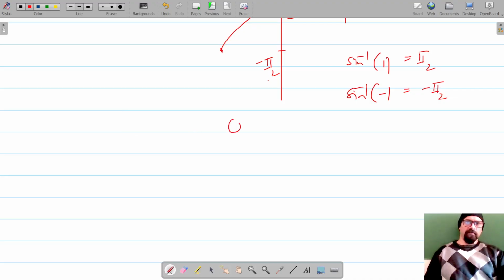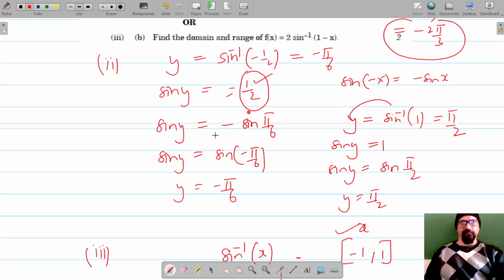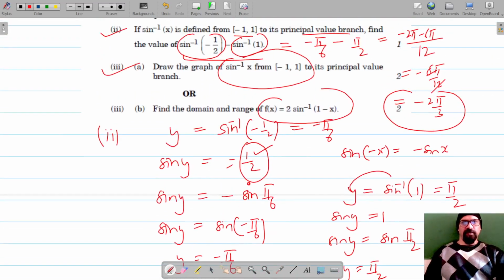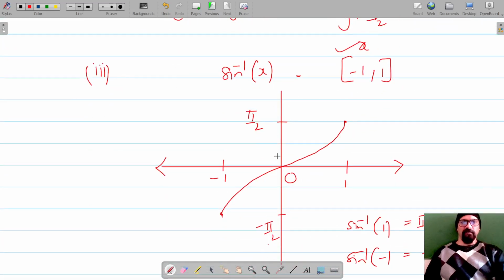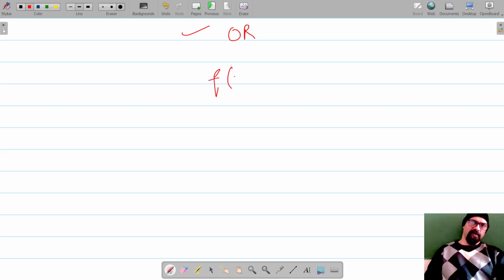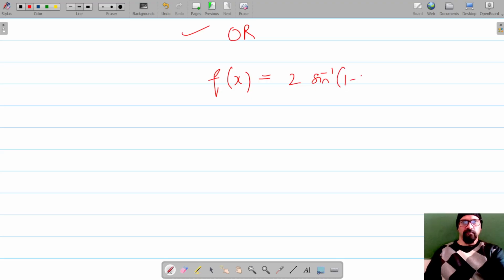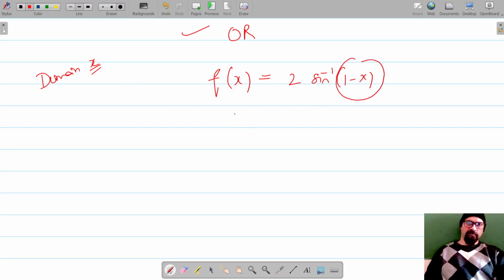Okay, for the same part, we have to find the domain and range of f of x is equal to 2 sine inverse 1 minus x. For the domain, we have to find the range for x. Now, we know that 1 minus x is greater than or equal to minus 1 and less than or equal to 1.